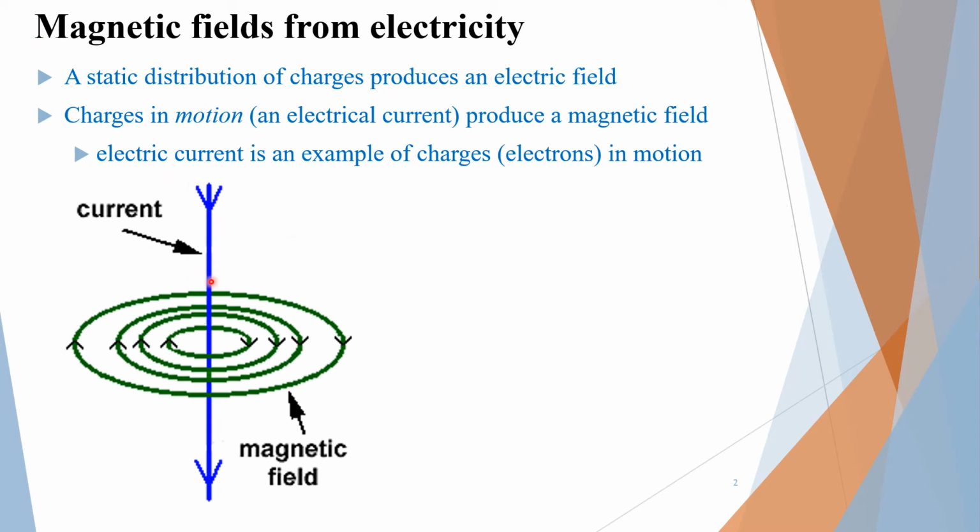This current carrying wire, in which electrons are in motion, produces a magnetic field around it.